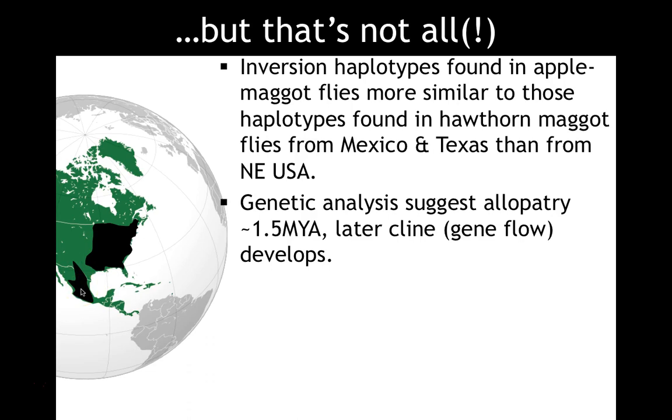And then later they came into secondary contact, and those particular alleles which are well adapted to, that would end up being useful for colonizing and making that host switch for apples, moved up by genetic drift and through migration into the north, where they were normally at a selective disadvantage when dealing with hawthorns because the timing of eclosion was off.